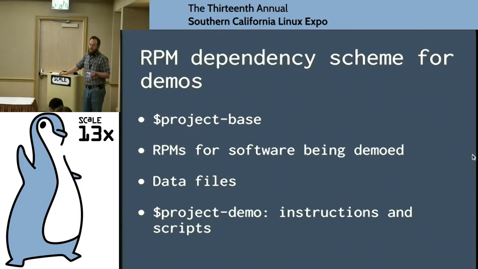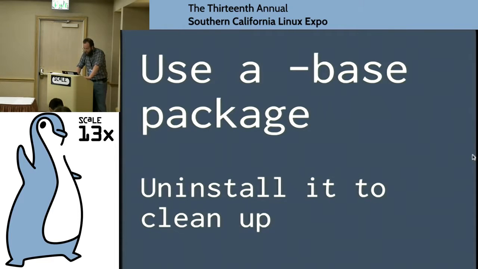In that RPM, that's all documentation stuff and helper scripts for setup and teardown. So you install project -demo, that comes back, you know all the software's there, you know all the data's there. Okay. Any questions on RPM dependency scheme? Okay. All right, great. The base package, this is really important for uninstalling to clean up.